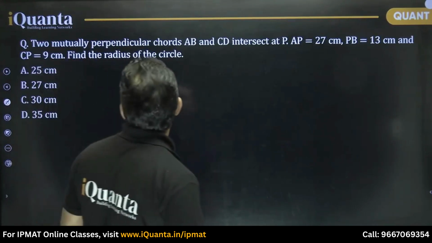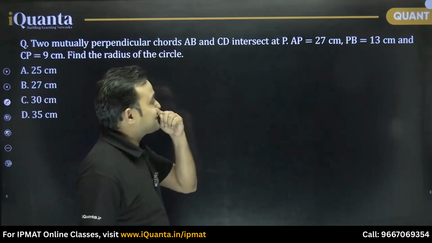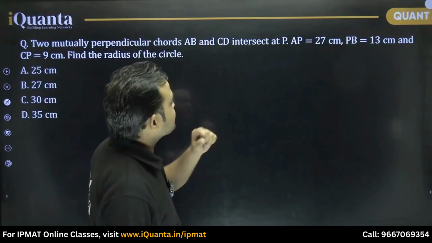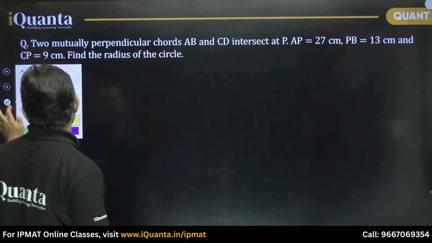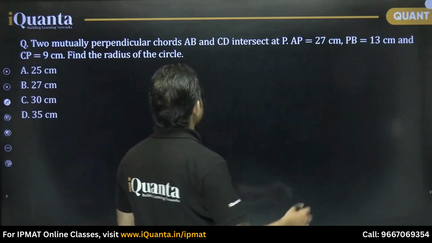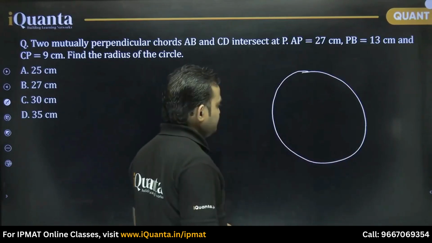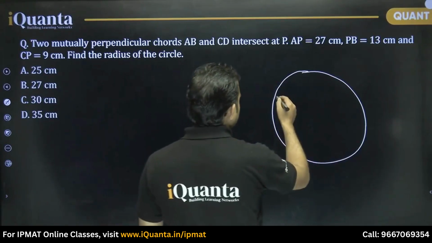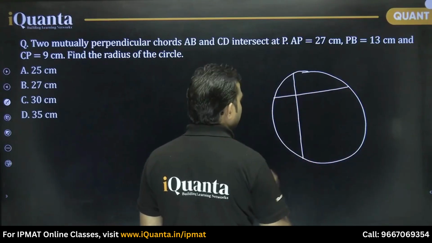Another question: two mutually perpendicular chords AB and CD intersect at P. AP is 27, PB is 13 and CP is 9. Find the radius of the circle. First of all we need to draw two chords, something like this, right?